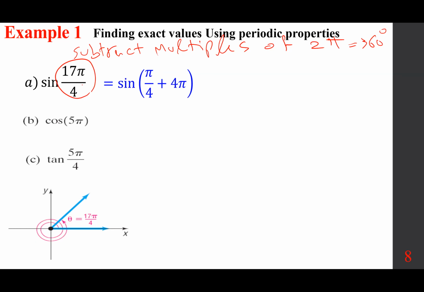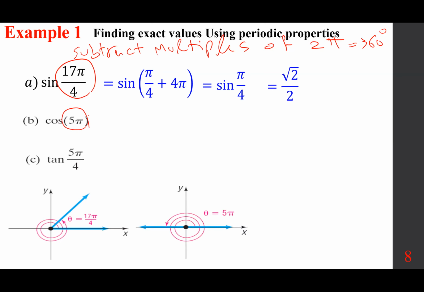So this is the same as sine of pi over 4, which is square root of 2 over 2. 5 pi, it's 4 pi plus pi. Therefore, it's the same as cosine of pi. We should know it's -1.